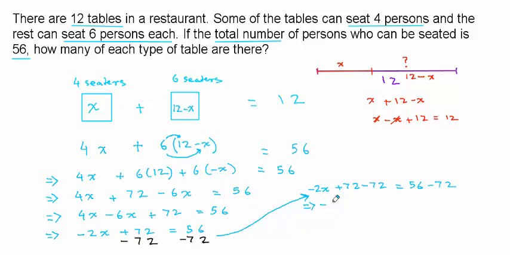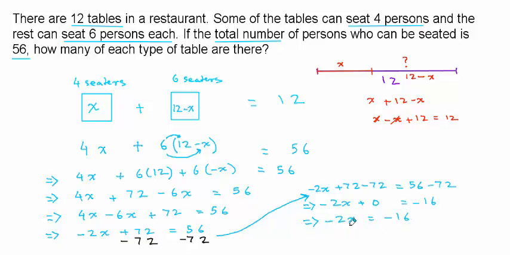Or negative 2x plus 72 minus 72 is 0. Reason why we subtracted 72 from both sides. Wanted to get rid of this 72. So minus 2x plus 0 is equal to 56 minus 72 is negative 16. Or negative 2x is equal to negative 16.